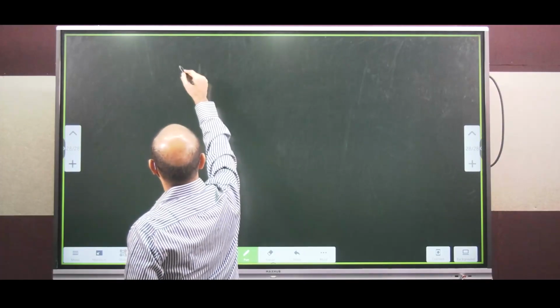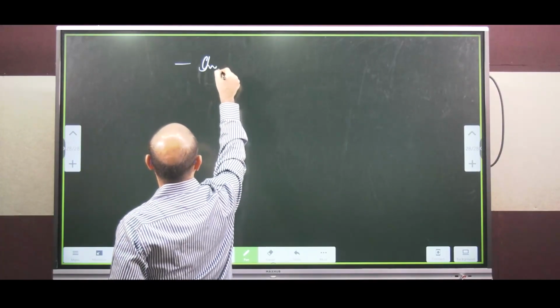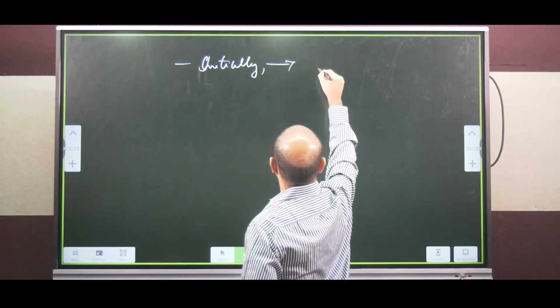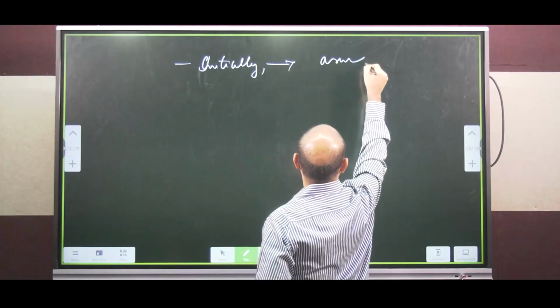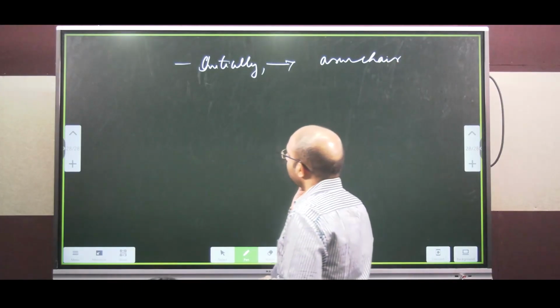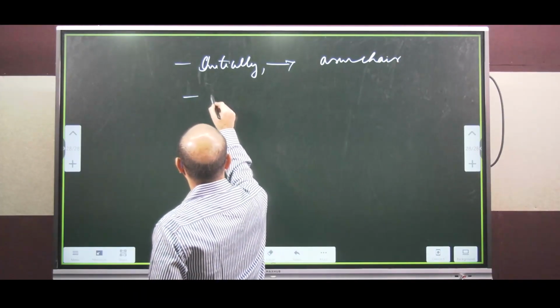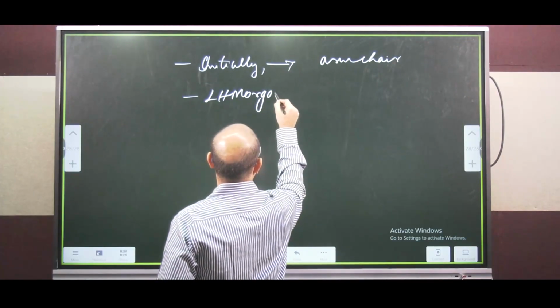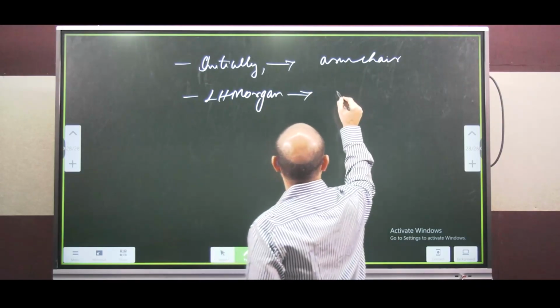We begin with the evolutionists, who did only armchair anthropology, and then the beginnings are made by L.H. Morgan, though he did not do fieldwork strictly, but he tried to study people directly.